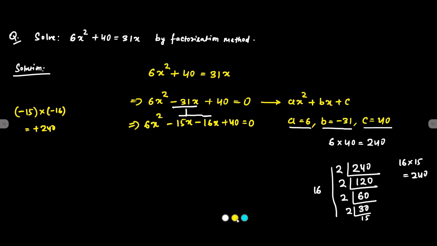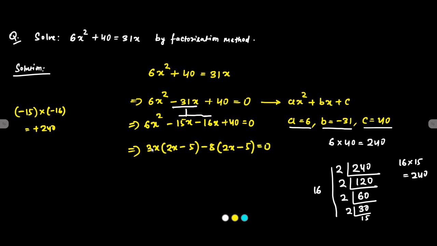That implies if we try to factorize it, we take 3x common: 3x(2x − 5) − 8(2x − 5) = 0.